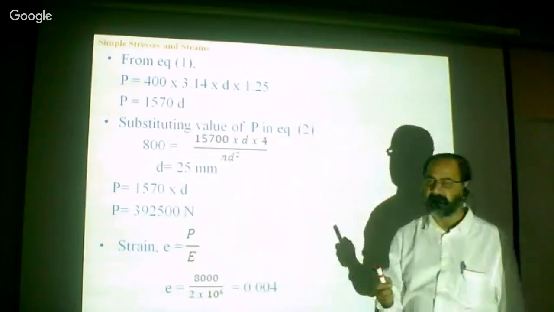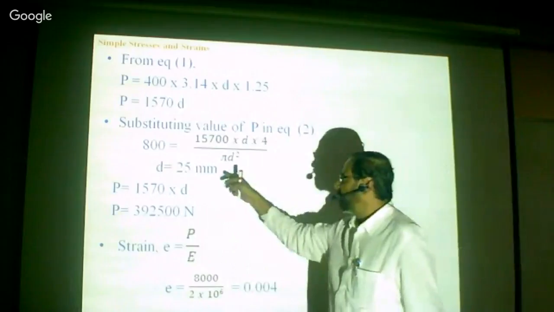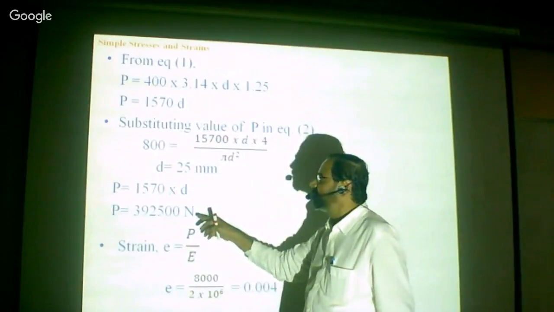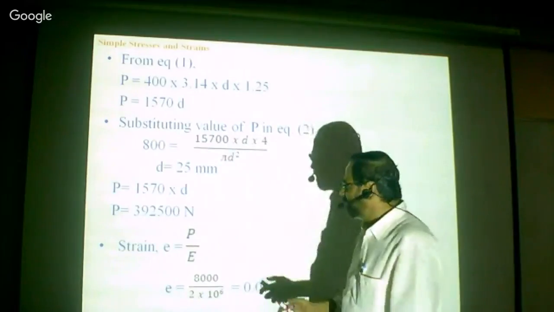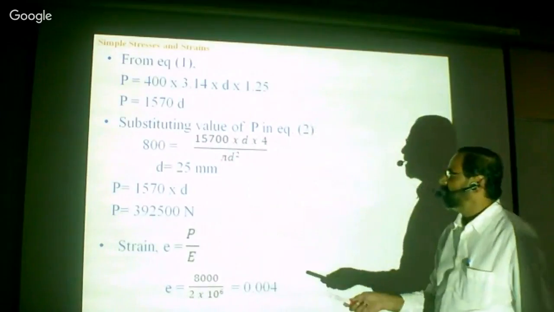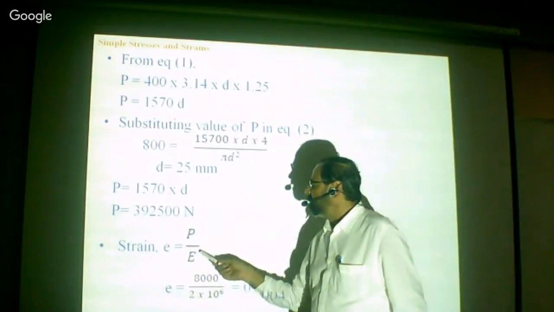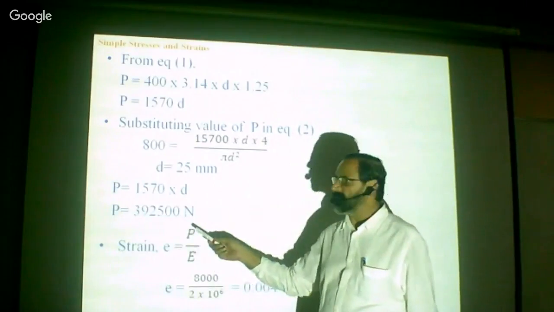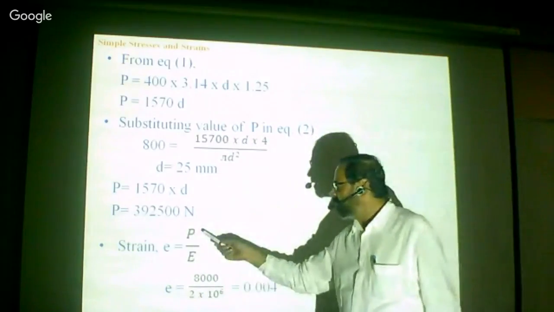Then one problem is solved, because we have found two things: the diameter and the load. After that, we know the original equation: Young's modulus is equal to stress divided by strain.